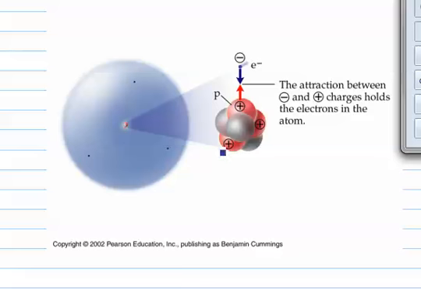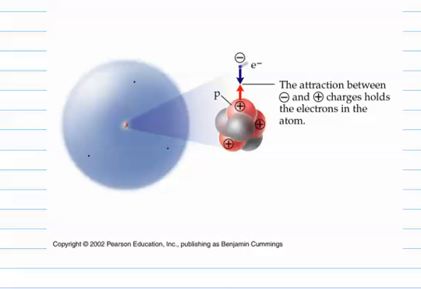Remember that these particles are much more massive than the electrons, and essentially all of the mass of the atom is contained within this very tiny nucleus. The positive charge of the nucleus is balanced by the negative charge of the electrons, and so the electrons move around this tiny nucleus, occupying the space that surrounds the nucleus of all atoms.